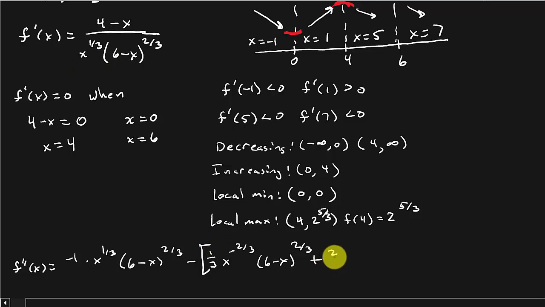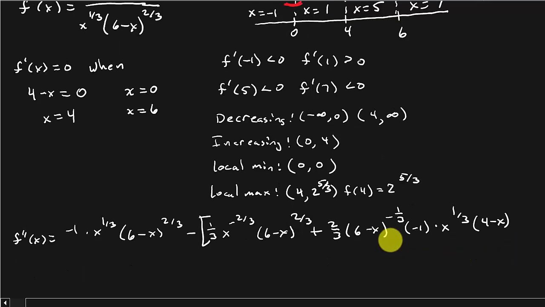And then that would be 2/3 times 6 minus x to the -1/3 times -1 times x to the 1/3 times 4 minus x. And that is all over that denominator squared.